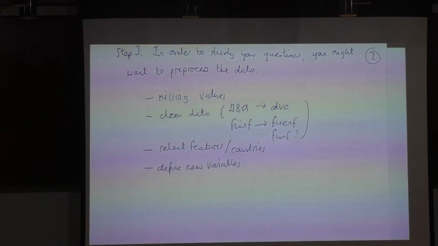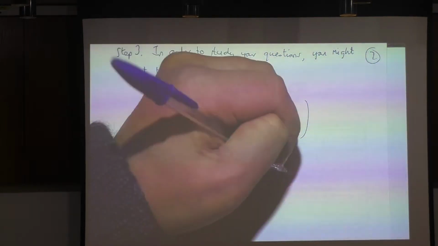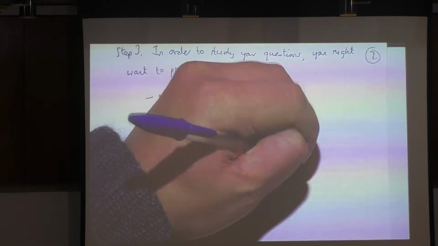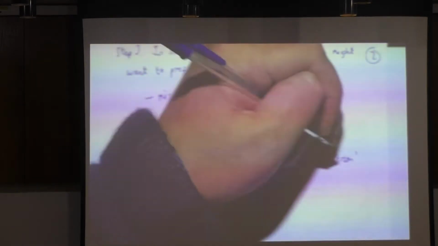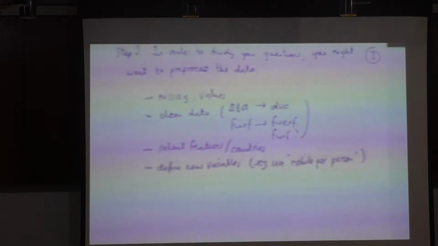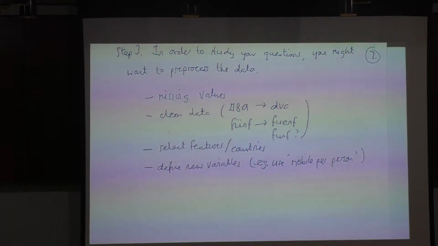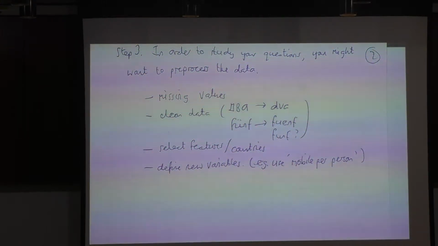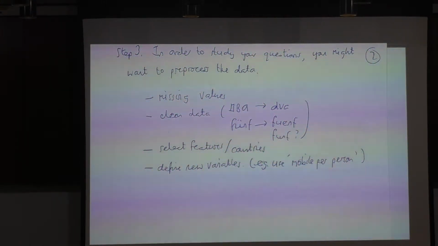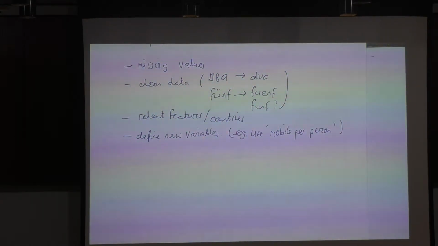So, for example, use mobile phones per person. Or internet per person, or GDP per person, or roads per square kilometre, or I don't know. I'm sure you can think of other things here.